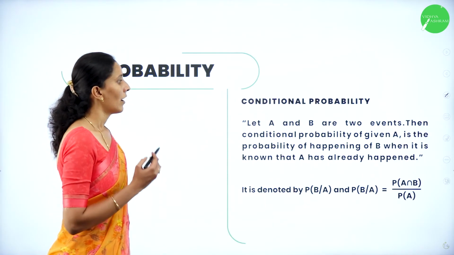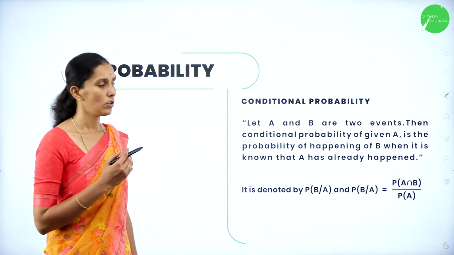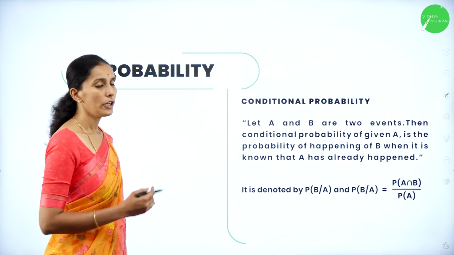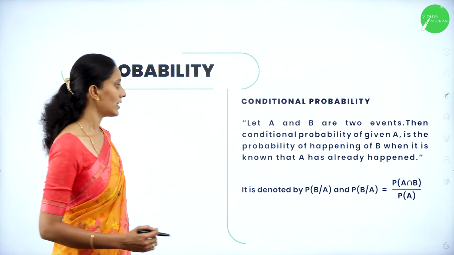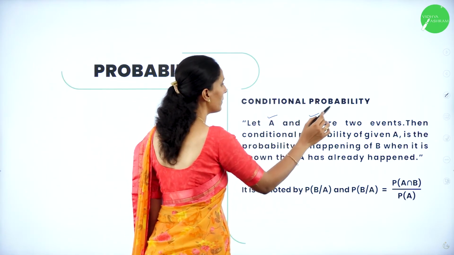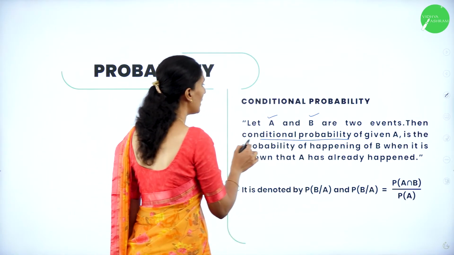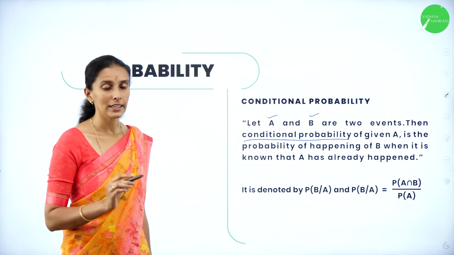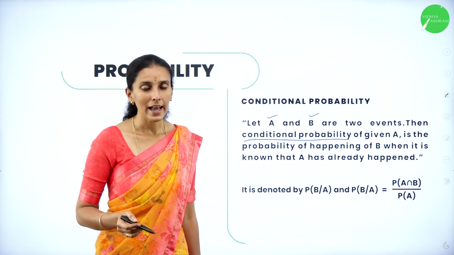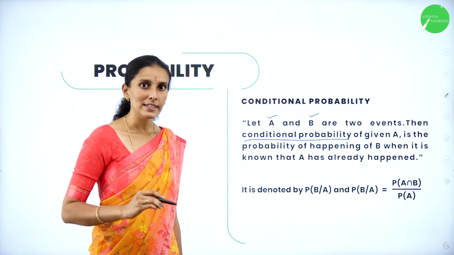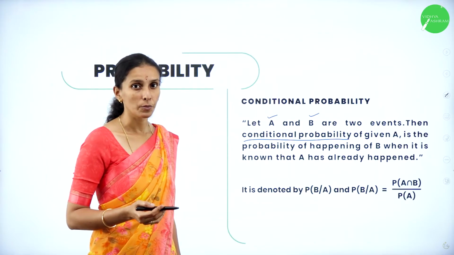Next, conditional probability. This is a very important concept. What do you mean by conditional probability? If A and B are any two events, then the conditional probability of B given A is this: one event has already happened, and for the same outcome the second event has to happen.